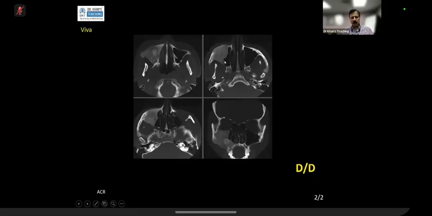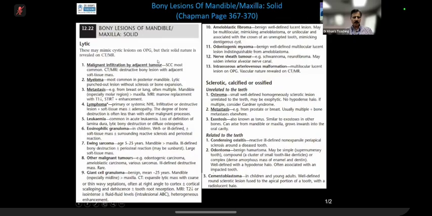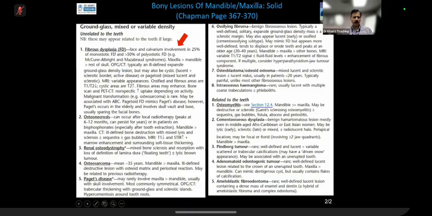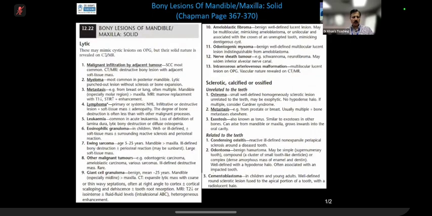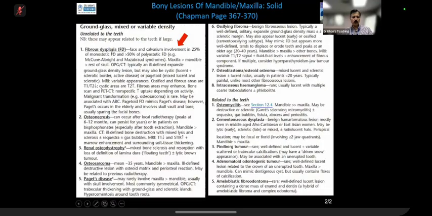Now, please remember that this is the differential diagnosis in your book: bony lesions of mandible and maxilla, solid, then lytic and sclerotic, calcified, ossified, unrelated to teeth is the subheading, ground glass, mixed or variable.